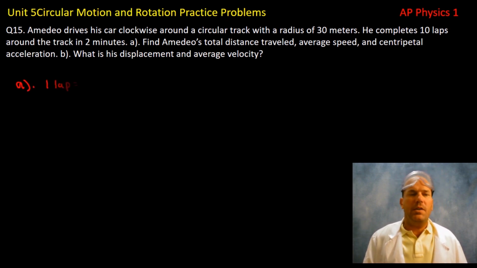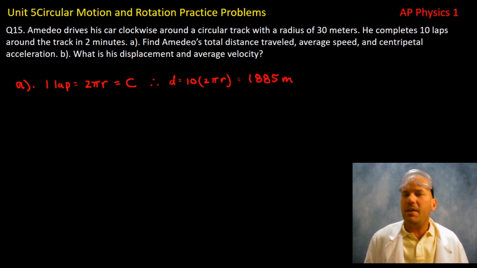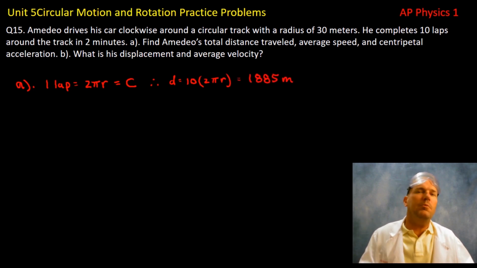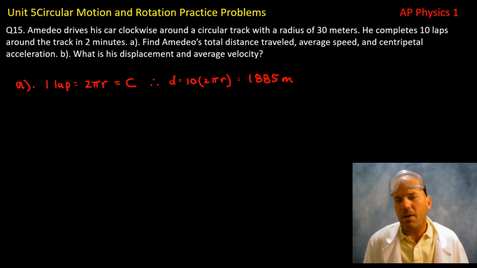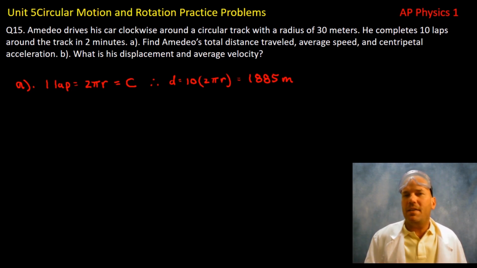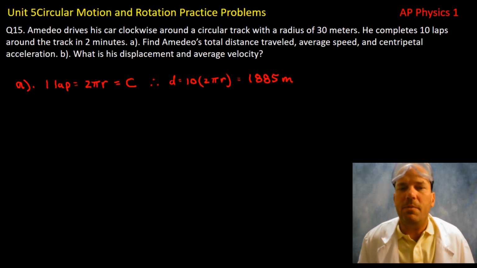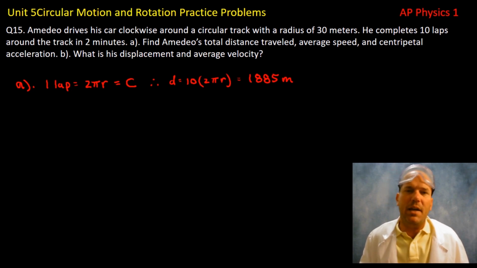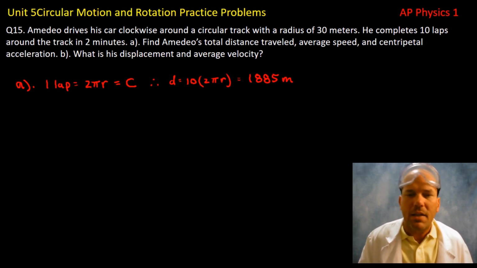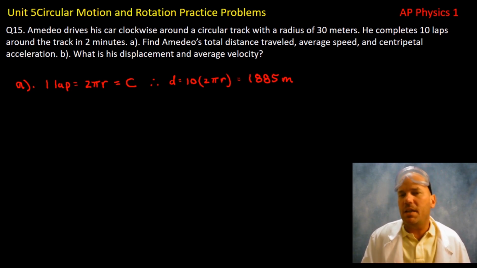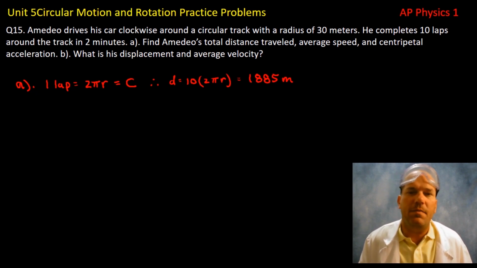So let's look at what we know here. We know that 1 lap around the track is equal to 1 revolution, is equal to the circumference of the circle, is equal to 2 pi r. So we can find the distance by simply multiplying 10 times 2 times pi times the radius, and we get 1,885 meters for the distance.